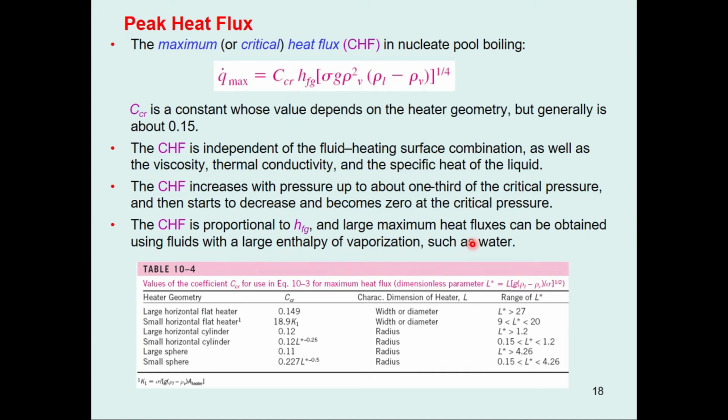So if your critical pressure is 30, then one third is 10. If you increase the pressure from 1 to 10, it could be psi, it could be anything. Let's suppose the critical pressure of the liquid is 30 and the one third value is 10 psi, and you are at 1 psi. If you increase the pressure from 1 to 10 psi, what will happen? The critical heat flux will increase.